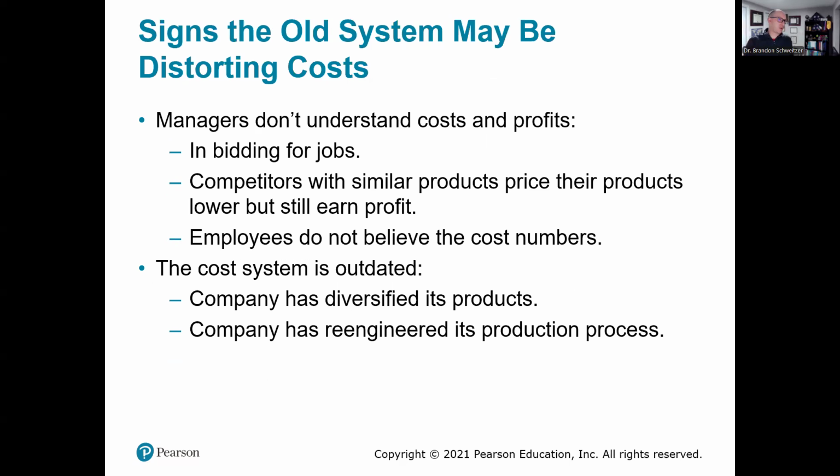When these costs become distorted, oftentimes we need to look in the right places. So, why is that happening? Maybe it's because we're not bidding on jobs correctly. We have competition that is producing a product at a lower price point, but they're still earning profit, so we're being undercut. Employees might not believe the cost numbers. There's a couple of reasons why management doesn't quite understand our overall costs or our overall profits, right?